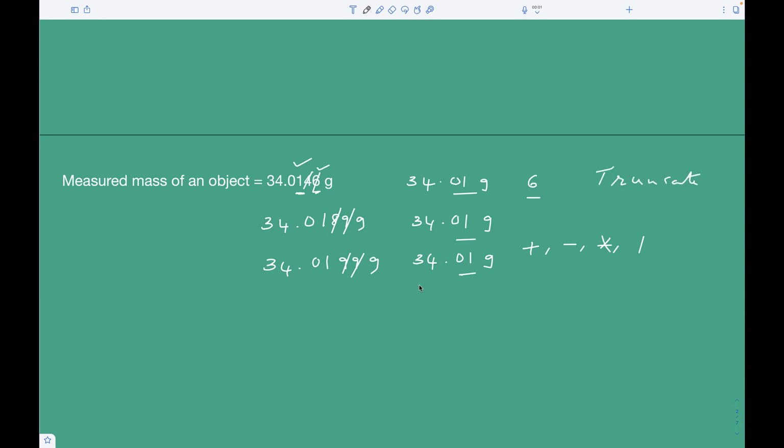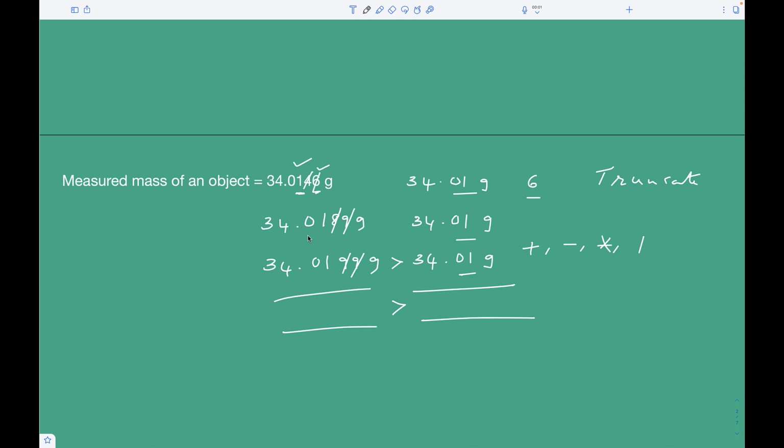And remember that the truncated number is always smaller than the number you have started with. Because of this reason, the average of the truncated values is always smaller than the average of the numbers you have started with.